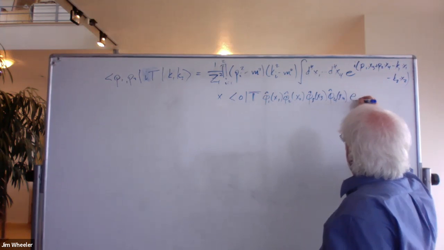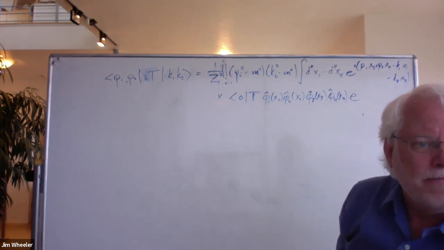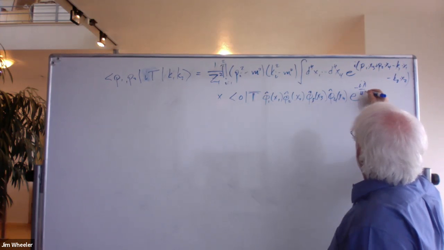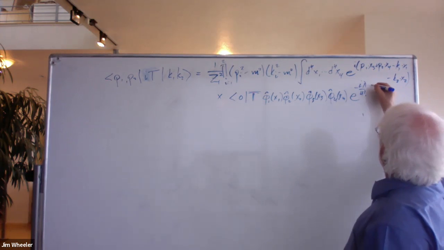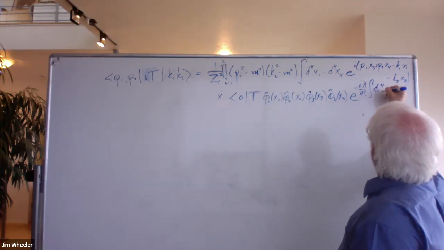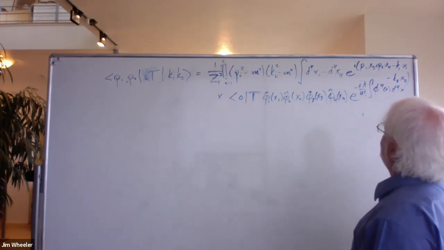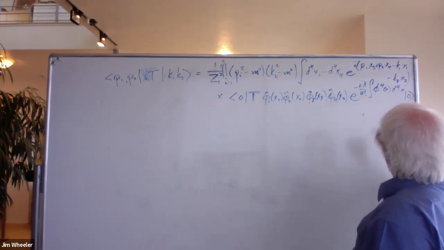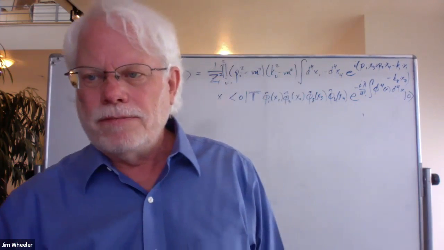And then we have the interaction Hamiltonian, which in this case is minus I lambda over 4 factorial, the integral of phi to the 4th d4x. And then vacuum expectation down. So this is the thing we want to evaluate.